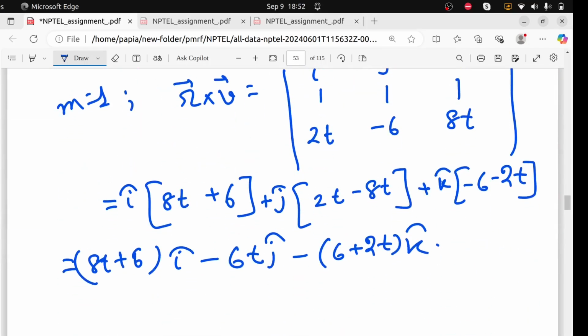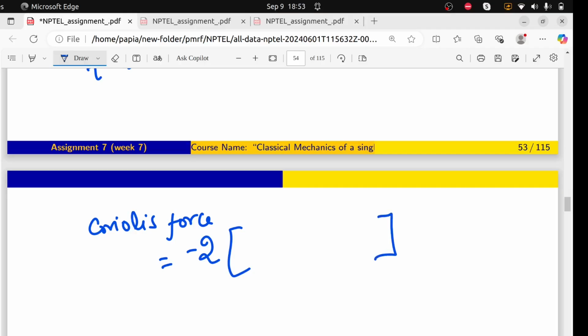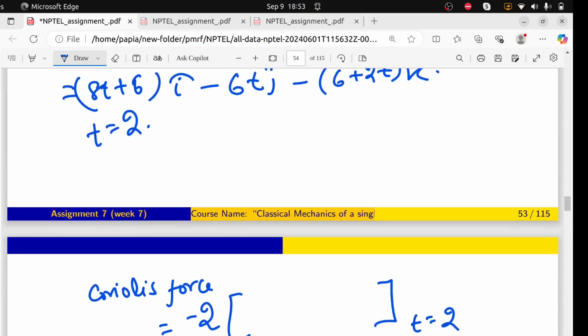They have already given that t equals 2. So minus 2 into all these things at t equals 2: 8t plus 6, minus 6t, minus (6 plus 2t).